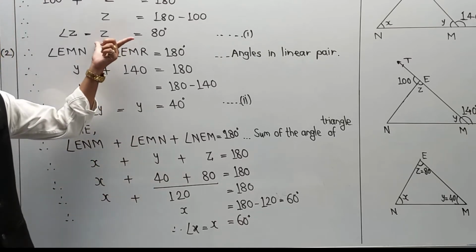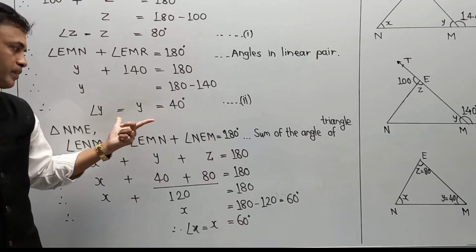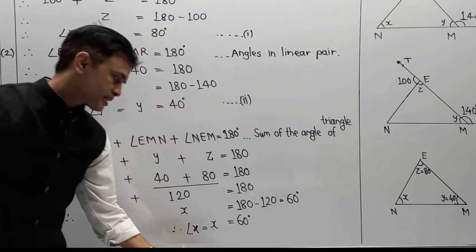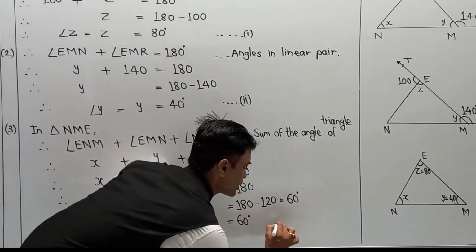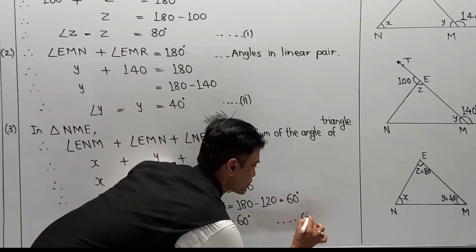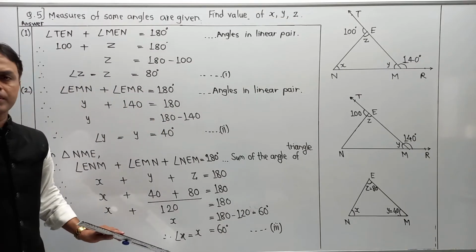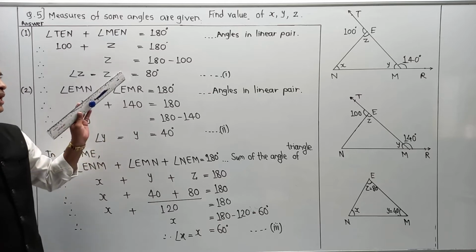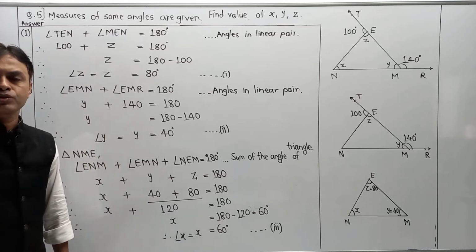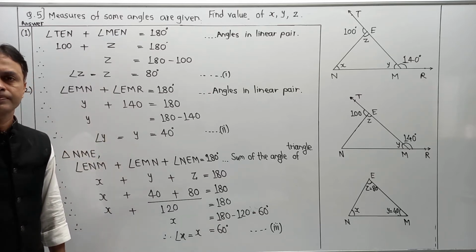Definitely, angle Z is 80 degree. We have given equation 1. Angle Y is 40 degree. Similarly, angle X is equal to 60 degree, and I am going to give it as equation number 3. And if possible, for X as well as Y as well as Z, make a box so that we can highlight it properly.